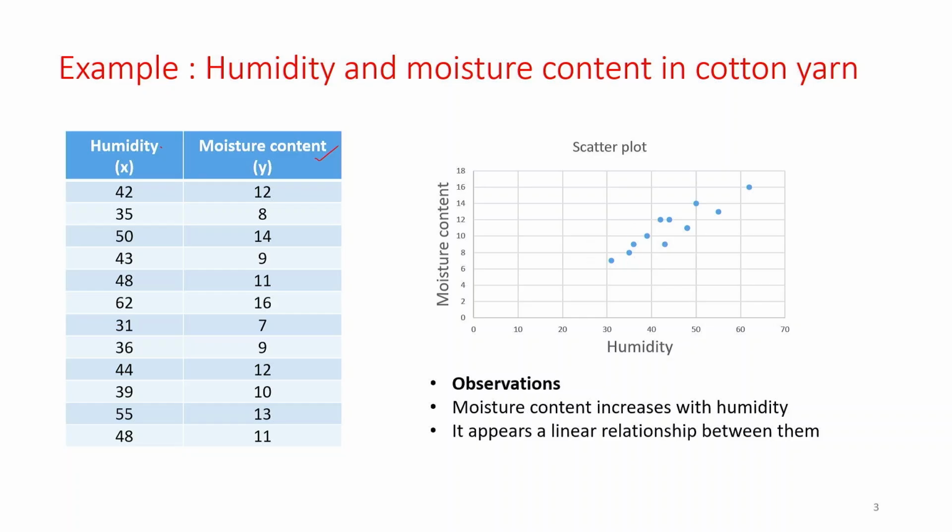That's a general observation. And it appears from this pattern that there is a linear relationship between these two variables, humidity and moisture content. So humidity is an independent variable, whereas moisture content is a dependent variable. And the points are the way they are shown here. There is a pattern, and this pattern appears to be that moisture content is going to increase as we increase humidity.